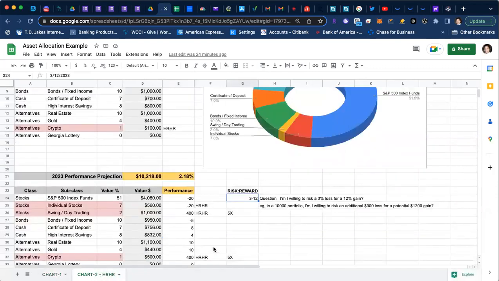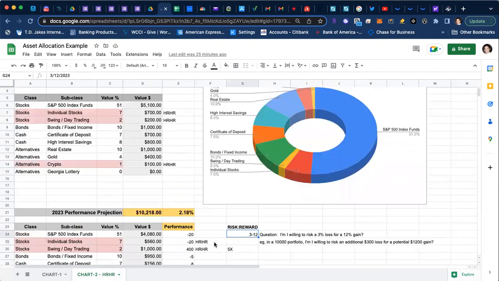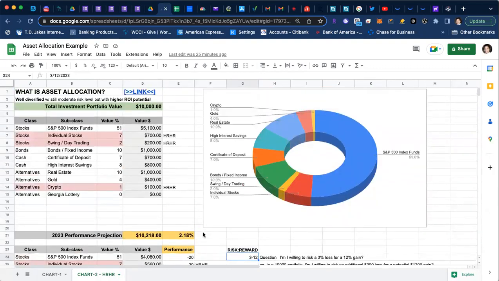Okay. So this is the power of, again, asset allocation. In other words, if you properly allocate the amount of the risk based on how risky the asset or the investment class is, you can minimize the amount of the impact in terms of loss. In this case, I'm taking a 3% risk, $300.